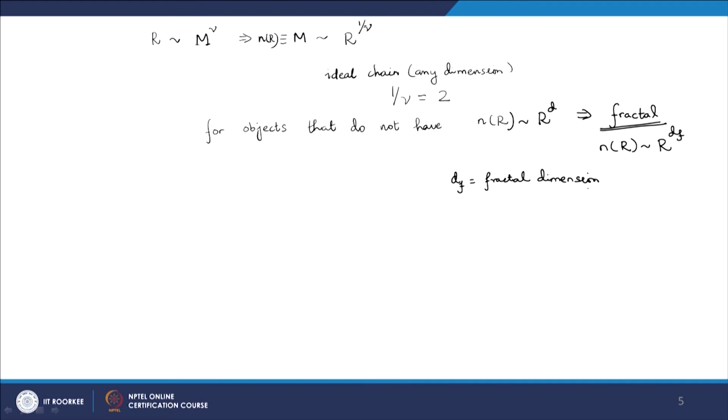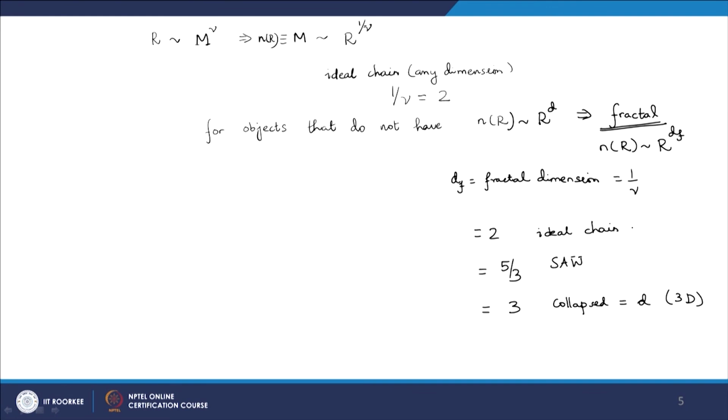Now the fractal dimension is of course 1 by nu for the models we have discussed. So it is equal to 2 for an ideal chain, it is equal to 5/3 for a self-avoiding walk, and it is equal to 3 for the collapsed chain, which at least for the 3D case is equal to d.